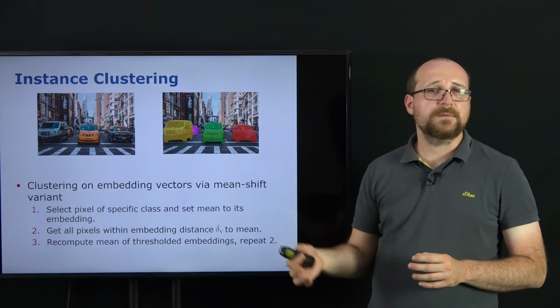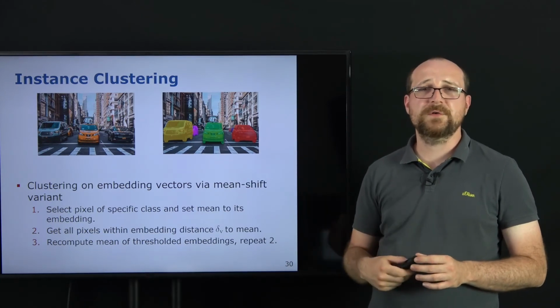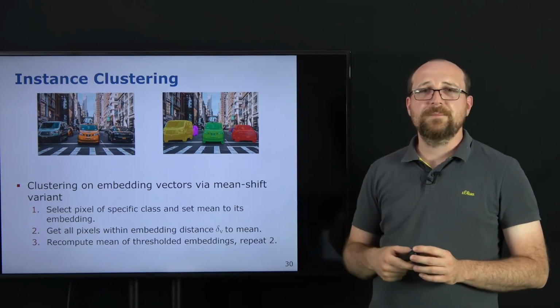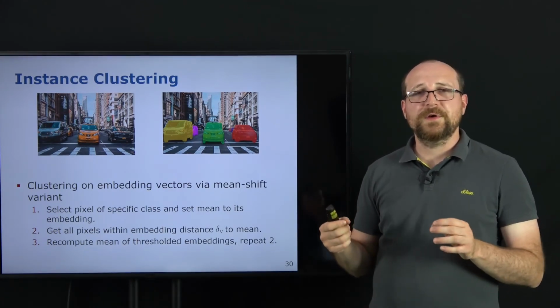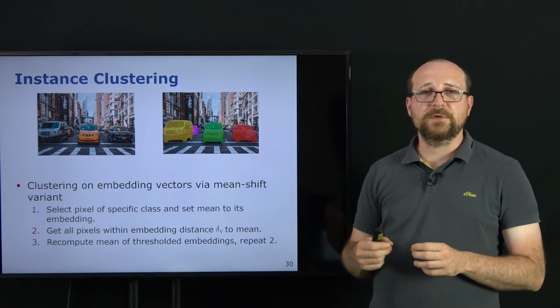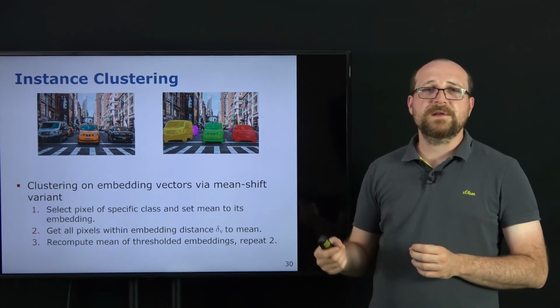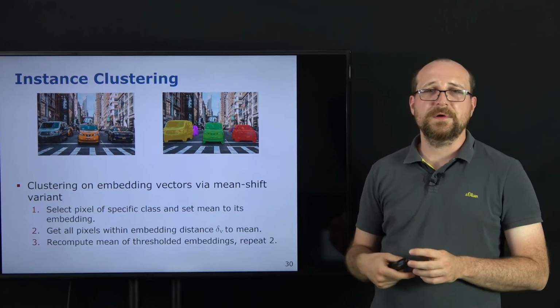So this is very similar to the k-means approach, where we have this ping-ponging between figuring out which points belong to a certain cluster, and then updating the cluster center, and then doing this again.